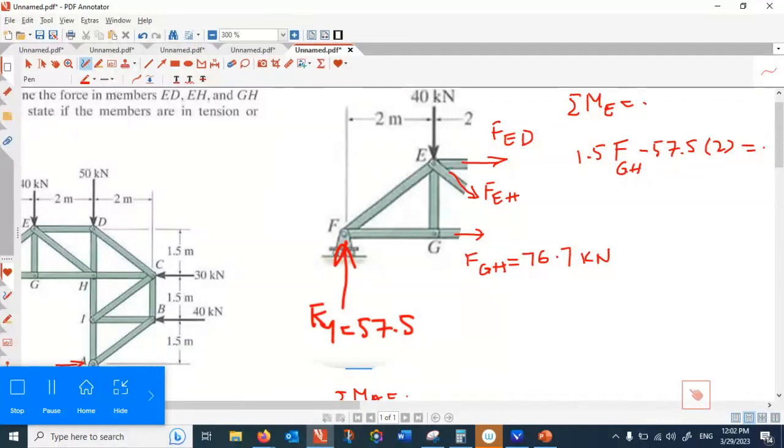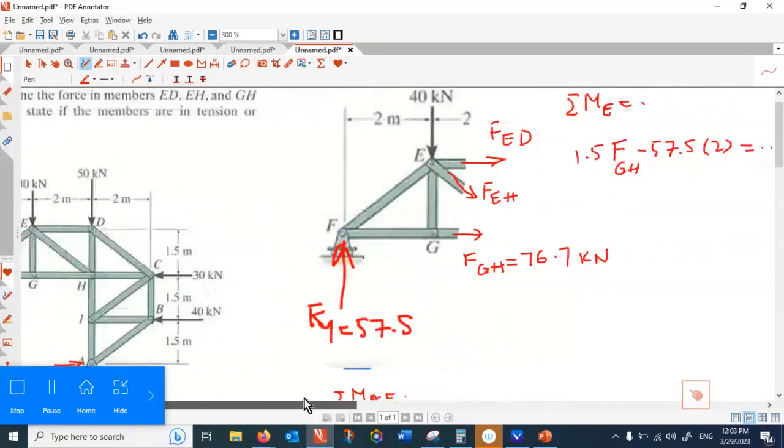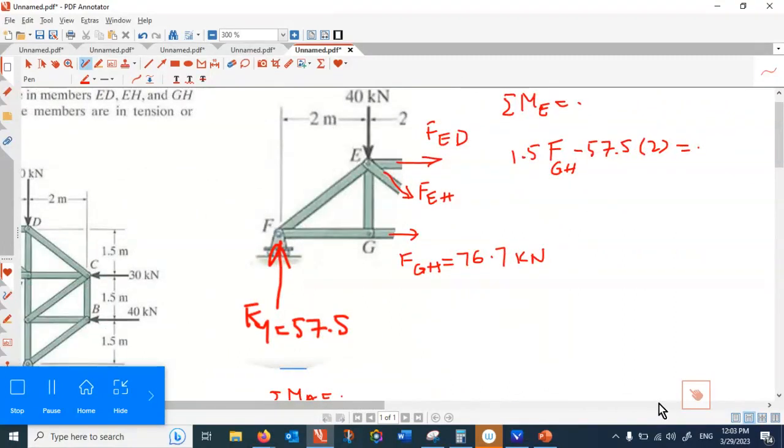Then the next natural condition to apply, which point of rotation would be next? That would be H. Yes, H is the next point of rotation because two forces collide over there. And let's apply that condition. Net rotation with respect to H equal to 0.